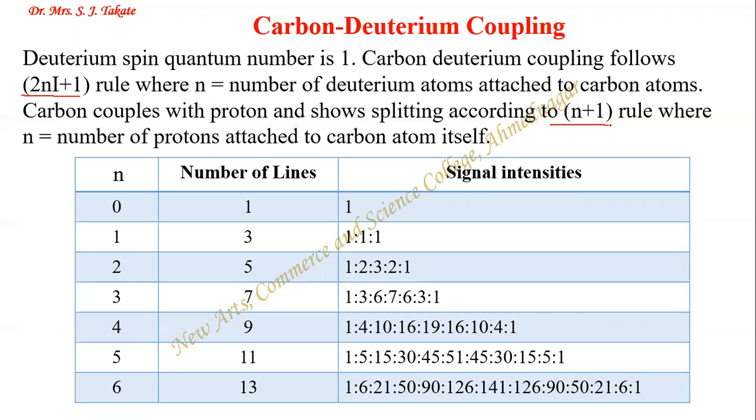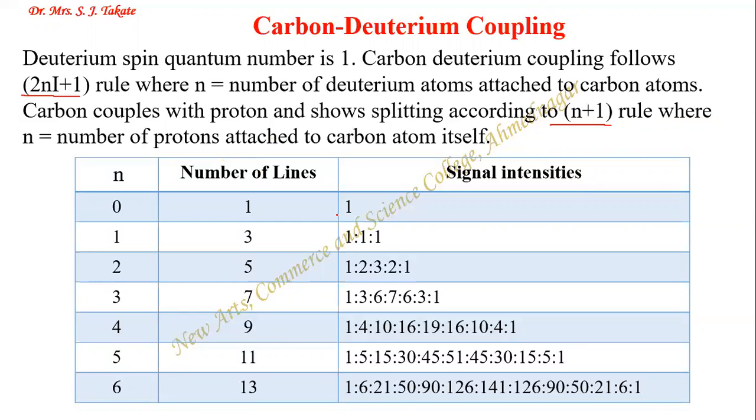But if deuterium is present, then the splitting pattern is a little bit different from proton coupling. For example, if a carbon atom is not having any proton or any deuterium attached to it, it will give a single line.